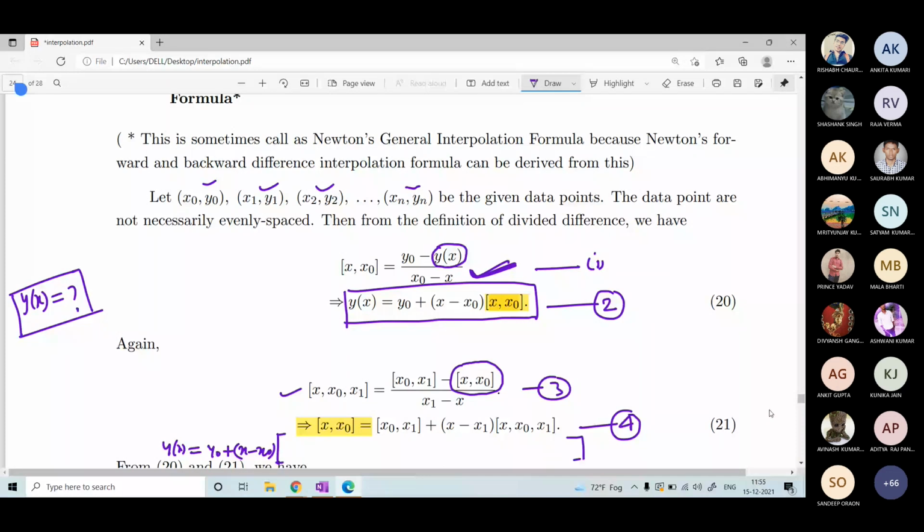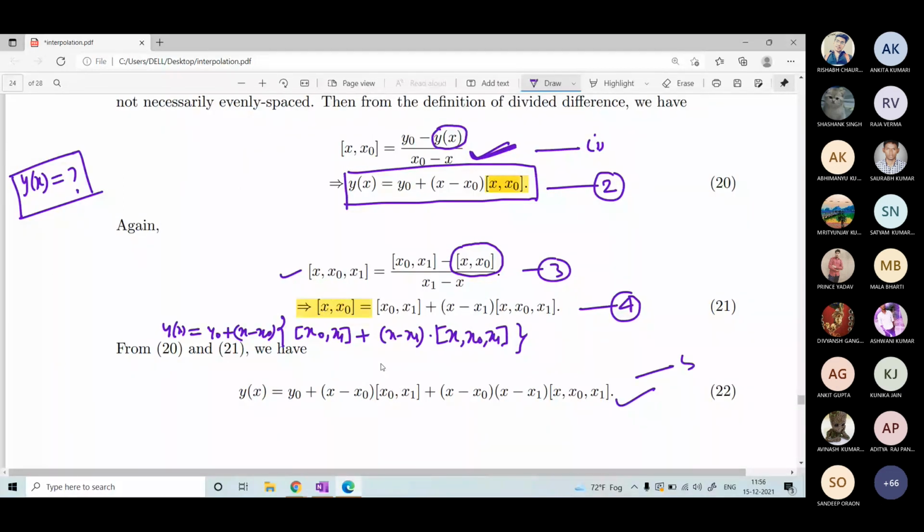Let me write it in terms of a second bracket: the divided difference of x0, x1 plus x minus x1 into the divided difference of x, x0, x1.